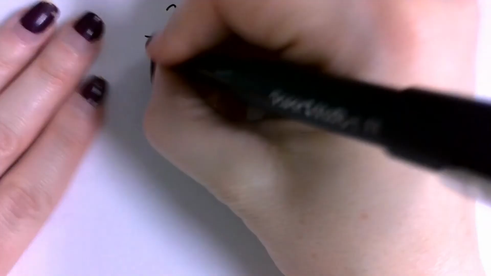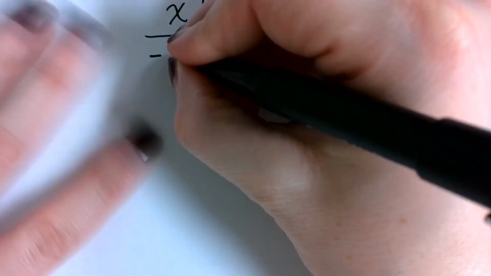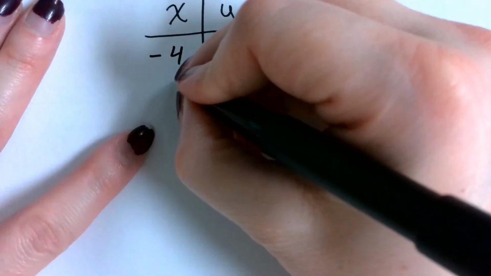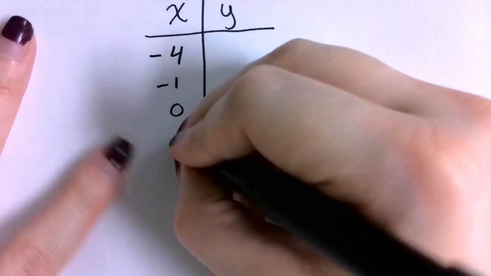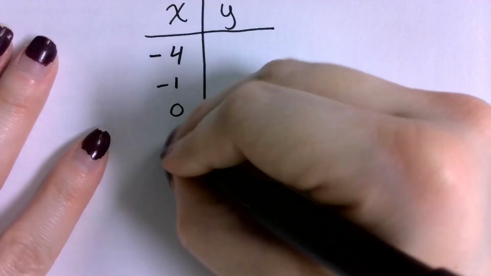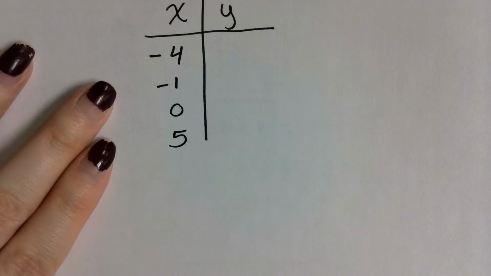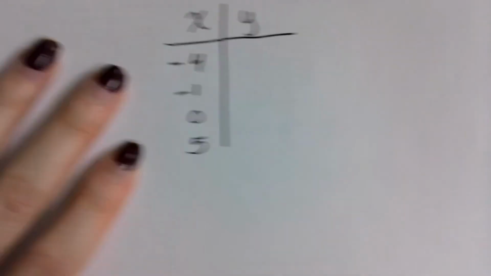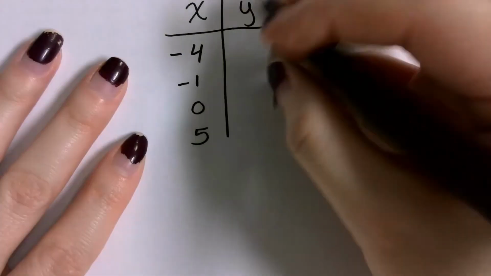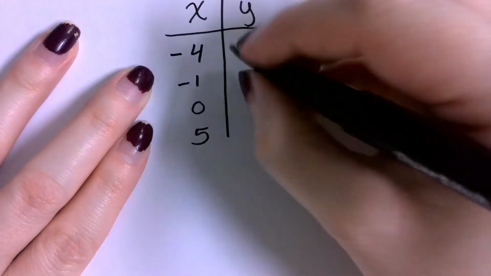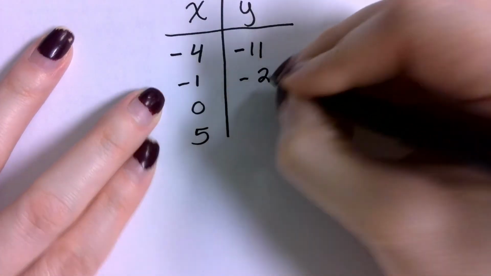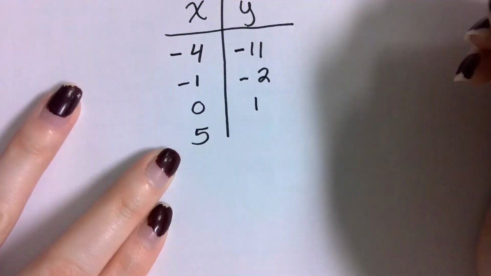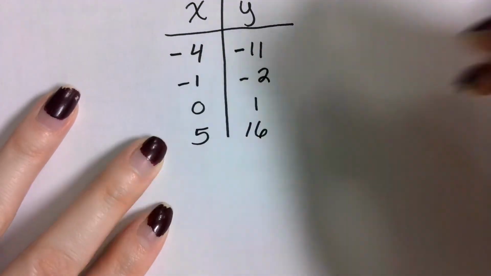So if I've got negative 4, and then a negative 1, a 0, a positive 5. And then for the y's, we'll have a negative 11, a negative 2, a 1, and a 16.